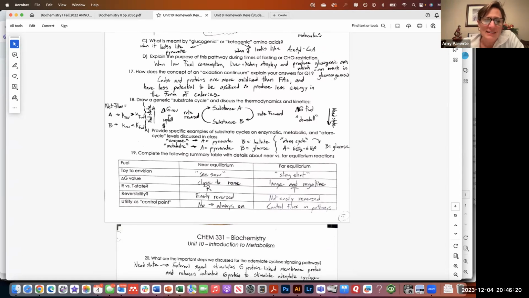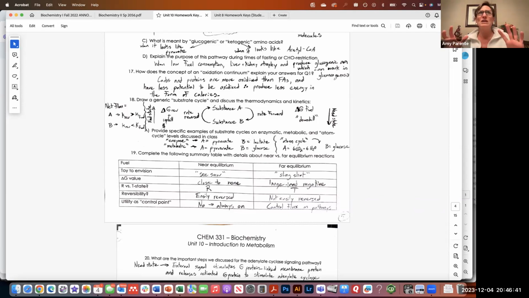Okay. Why this is: we've got an R state enzyme. It's kind of like a leaky valve. So it's easy to just kind of put things in the forward or reverse direction in there. And it's always on, and so it's not good to have that as a control point. A far equilibrium reaction, the enzyme actually is in T state.